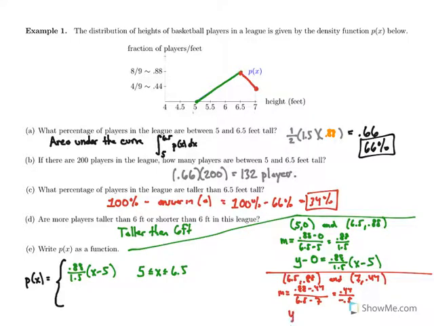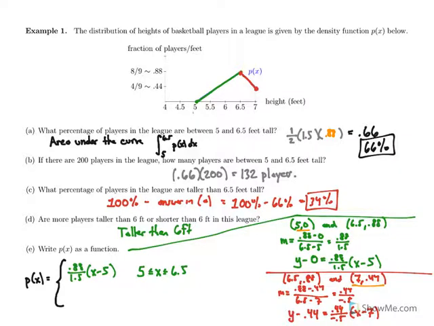And again, we can plug this into the point slope form. Our y1 is going to be 0.44, so y minus 0.44 equals the slope times x minus 7, using that second point as our y1 and x1, where we used the first point last time.